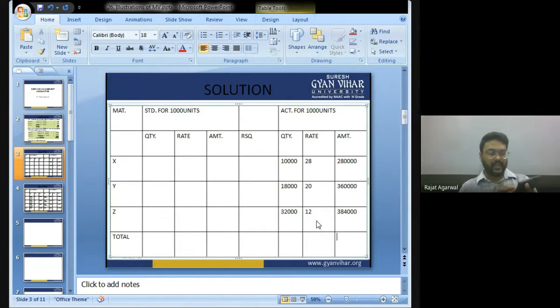Now 2,80,000 plus 3,60,000 plus 3,84,000, so 10,24,000. Total actual cost is 10,24,000. Total actual quantity of material, 10,000 plus 18,000 plus 32,000, that is 60,000.